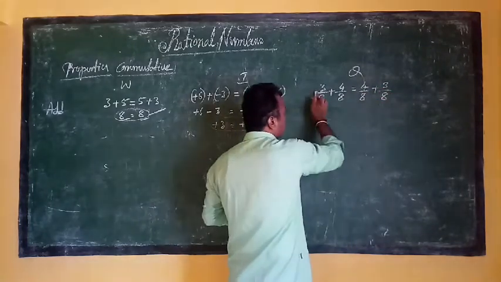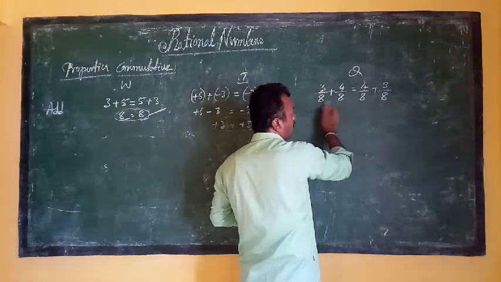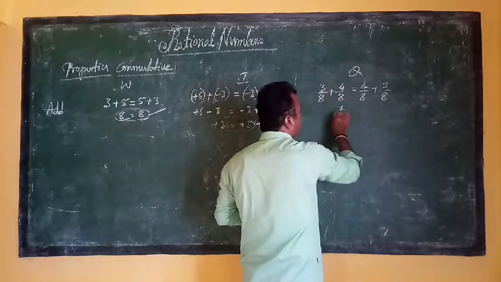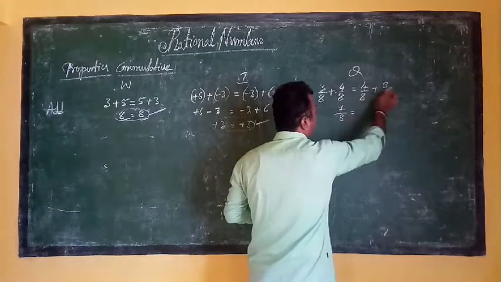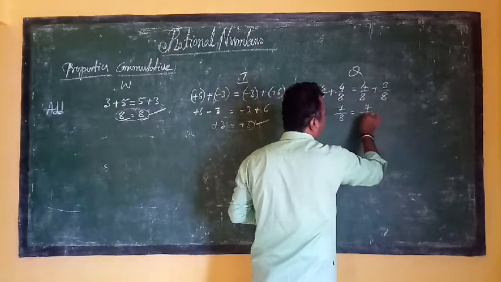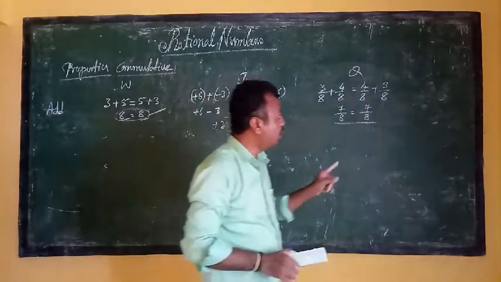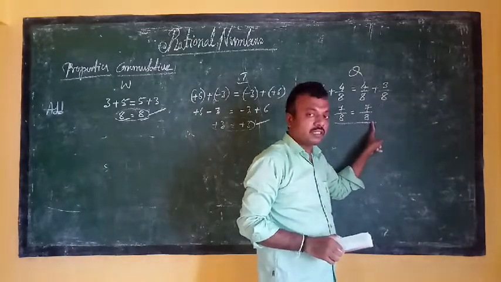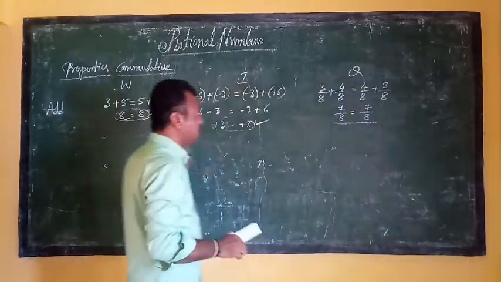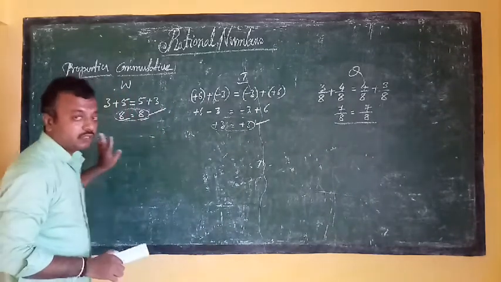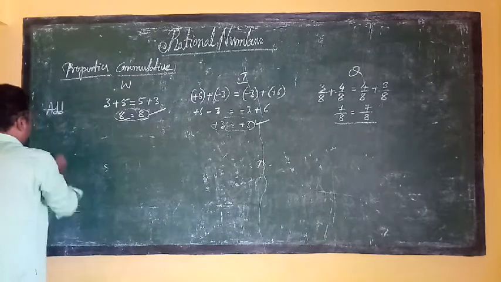The denominators are equal, so you add the numerators. 3 plus 4 becomes 7, so 7 by 8. Here also 4 plus 3 equals 7, so 7 by 8. Therefore both results remain the same, and the commutative property of rational numbers is satisfied under addition. So integers, whole numbers and rational numbers are all satisfied under addition. Now come to subtraction.